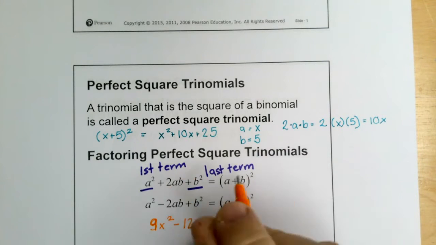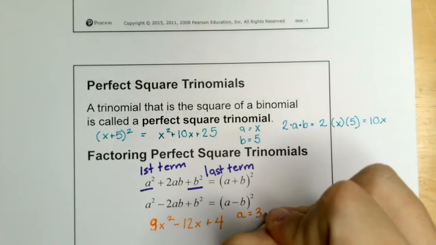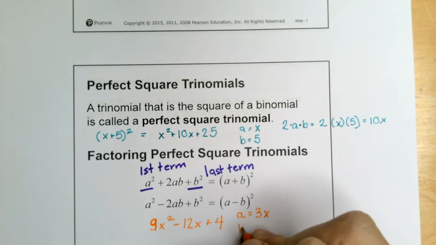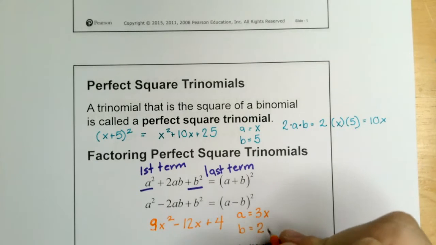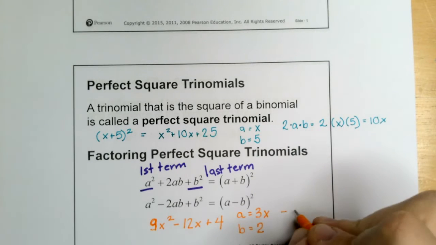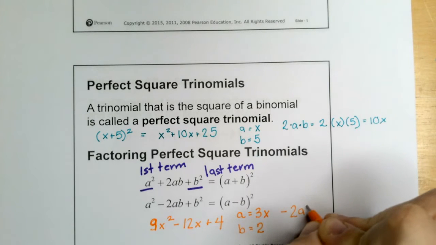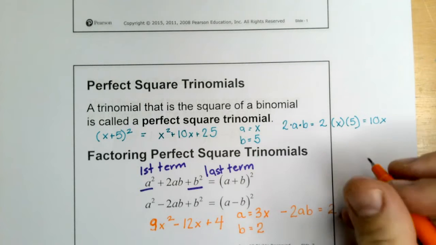If it is a perfect square, a will be the square root of 9, which is 3. The square root of x squared is x. B, the square root of 4 is 2, right? So negative, because this is a negative example, negative 2ab must equal negative 12x.